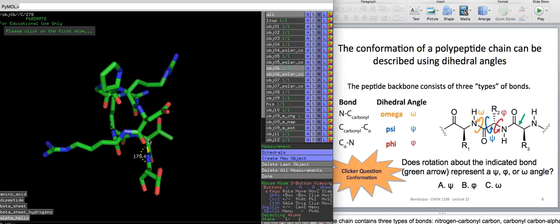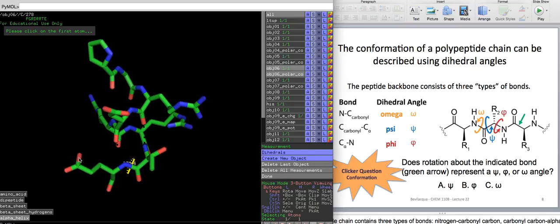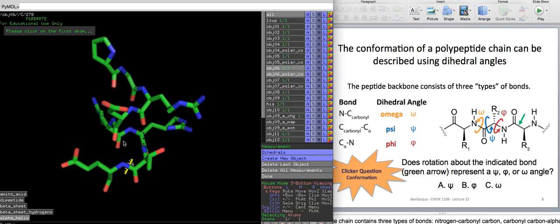And that's what we expect. And over here on the right, that's the omega. That's the angle sighting along this bond. And that omega is typically 180 degrees. It's typically trans to avoid steric clashes, although we've seen some exceptions.